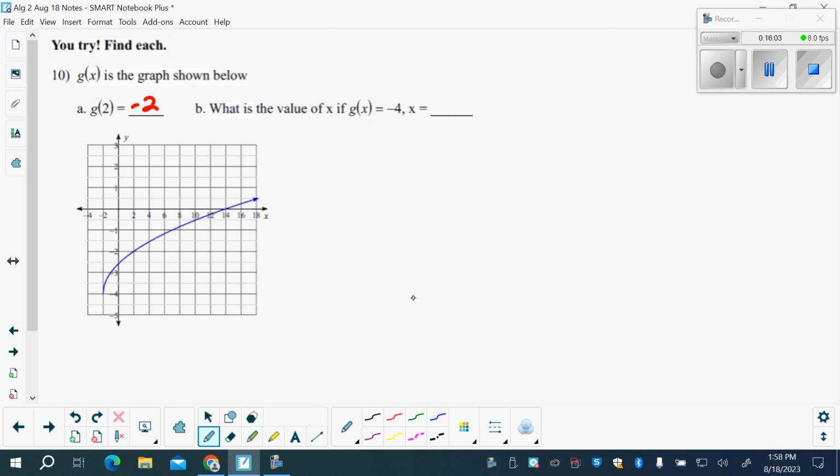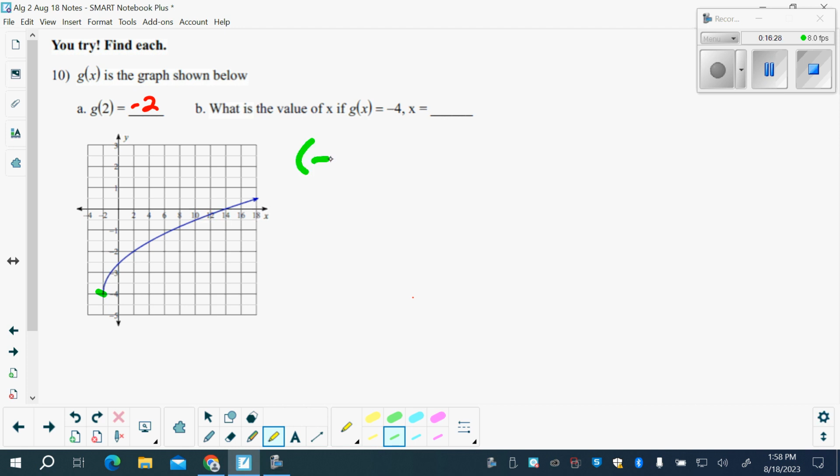So g of 2 is -2, and then the value of x, if g of x is -4, we go to, sorry, just a second. So we go to -4 on the y-axis, which is here, and then we match it to the point on the graph, which would be right here, and that has an x value of -2.